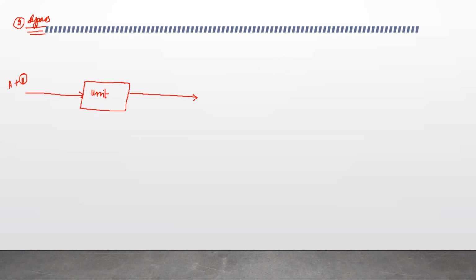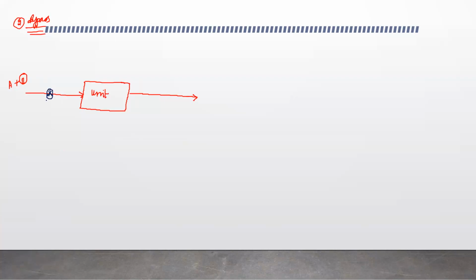Therefore, if we definitely have to heat the stream for some reason, and we cannot afford to heat B, then B will not be made to pass through this unit, while only A will be made to pass through this unit. So how is that done?